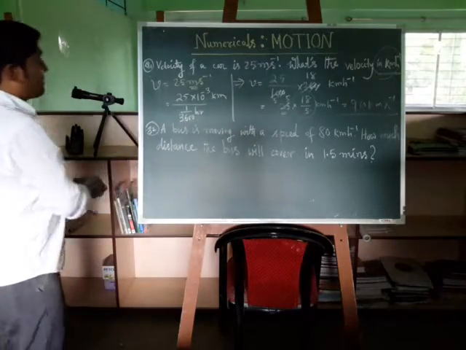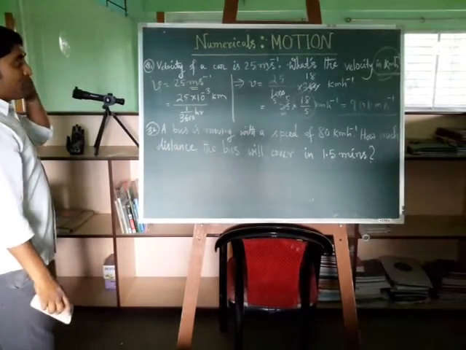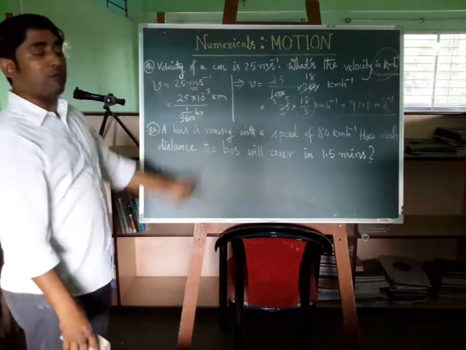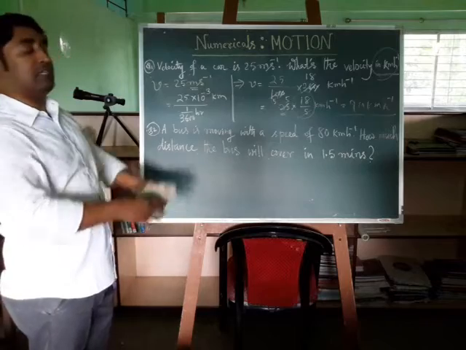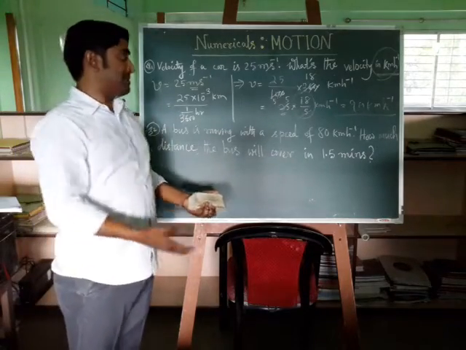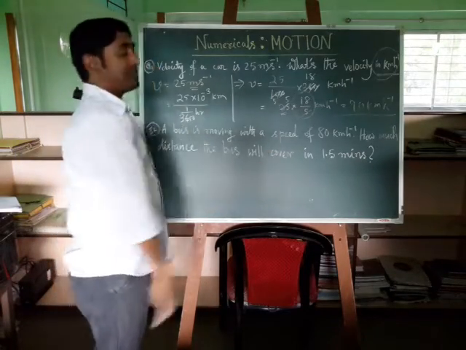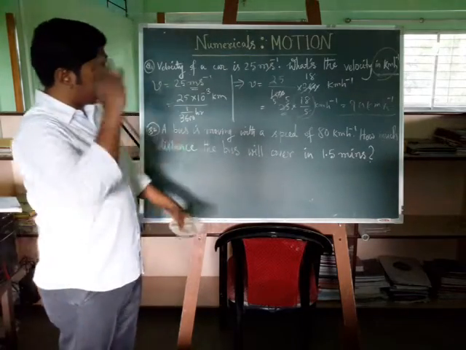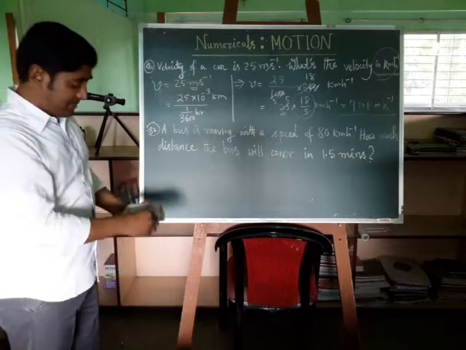Okay? Second problem, a bus is moving with a speed of 80 km per hour. How much distance will the bus cover in 1.5 minutes? See, you have the concepts of motion and rest and time and the speed, but then which formula, which equation should we be using? Alright, you know that, right?